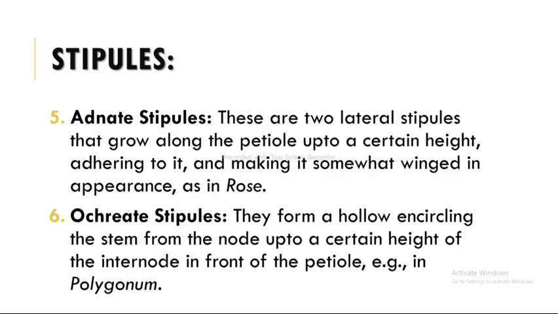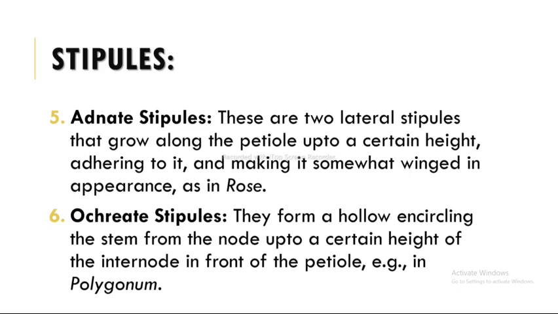The next type of the stipule is the adnate stipules. These are the two lateral stipules that grow along the petiole up to a certain height, adhering to it and making it somewhat winged in appearance, as in rose.